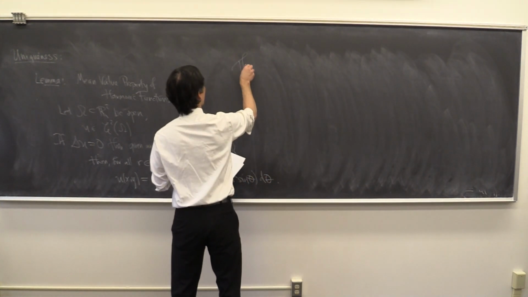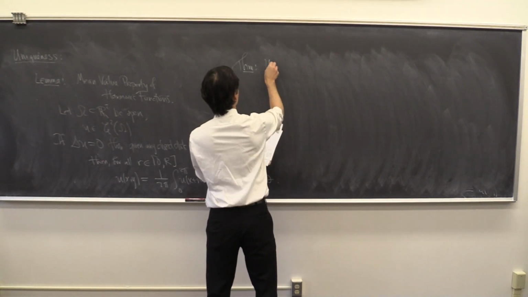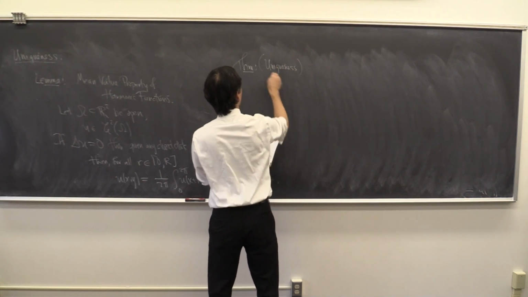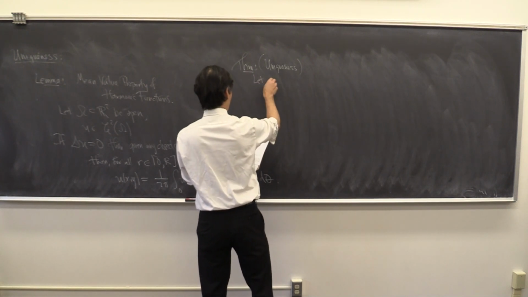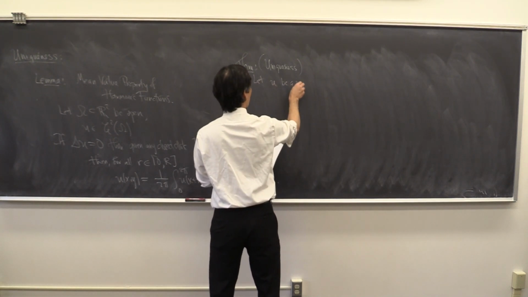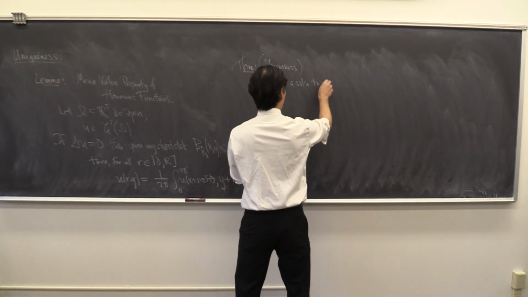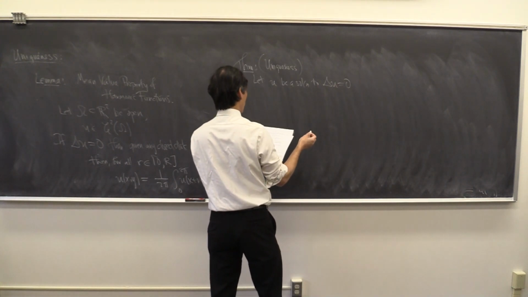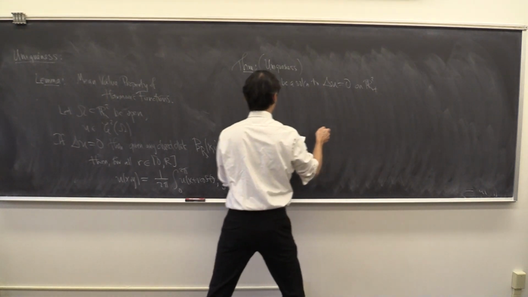Okay. So, theorem. This is uniqueness. Let U be a harmonic function on the upper half plane.